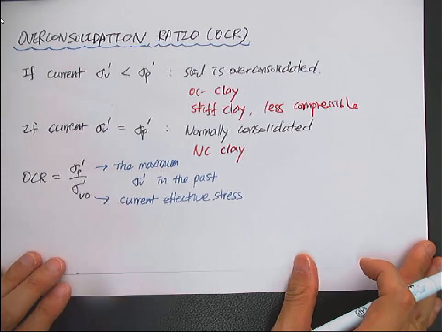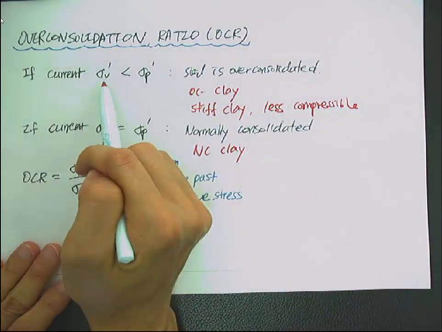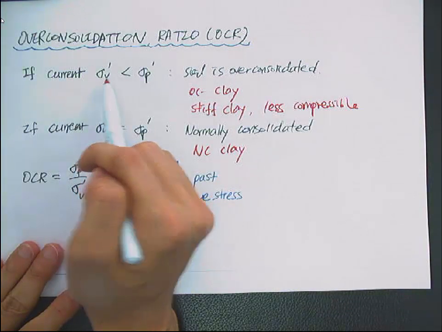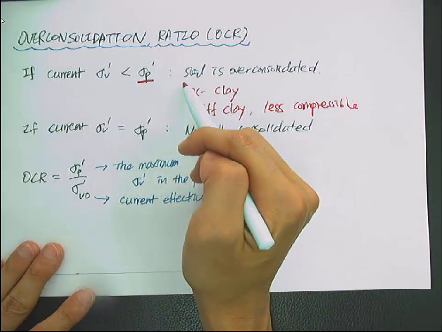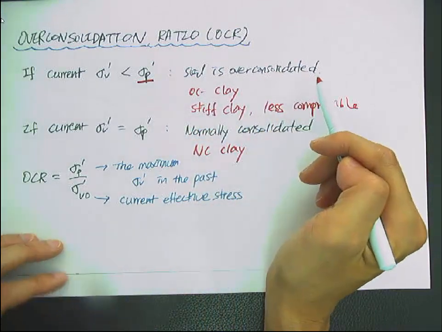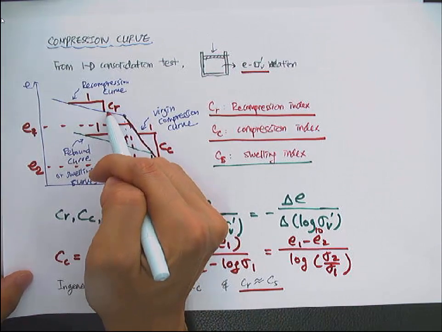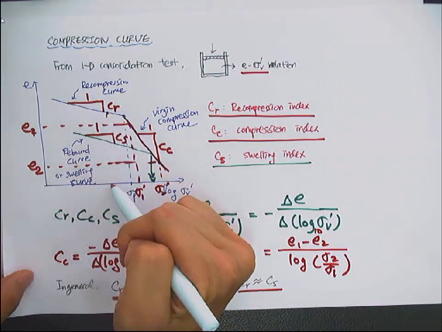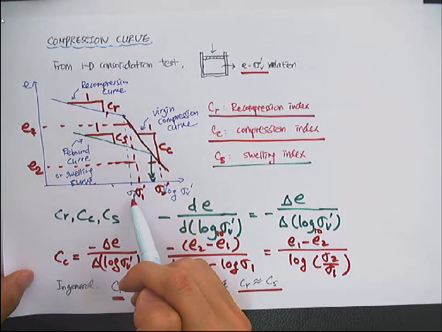Let's define the overconsolidation ratio, OCR. If the current vertical effective stress is less than the pre-consolidation stress, the soil is called overconsolidated. So for example, if your stress is here, then your current effective stress is less than sigma p prime.